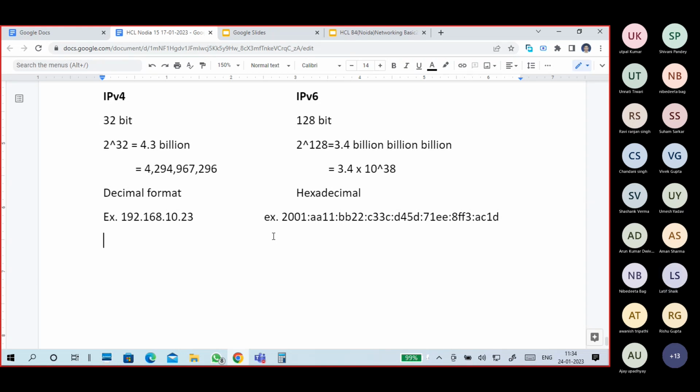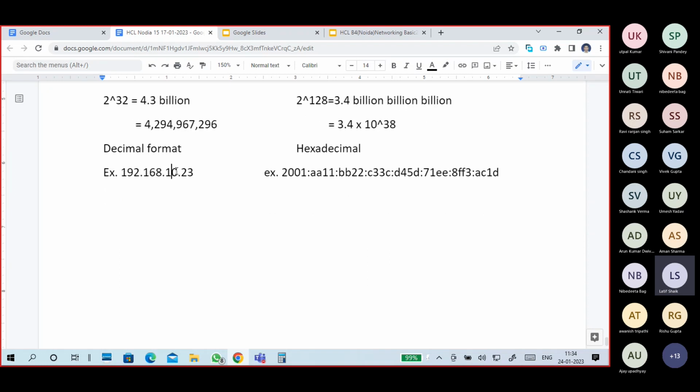Next, if you see this example, guys, this is an IPv4 address, and it is divided into 4 parts, separated by dots.